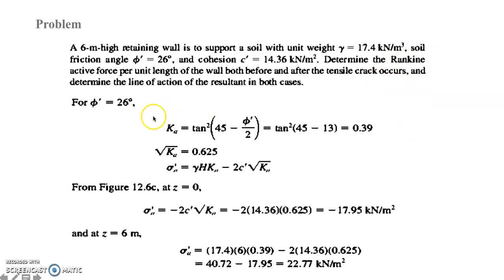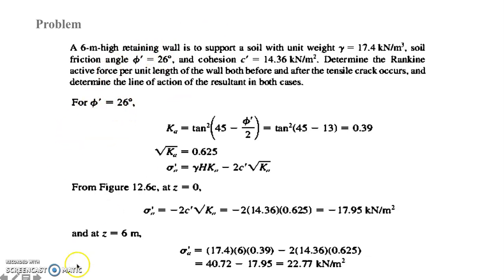Determine the Rankine active force per unit length of the wall both before and after the tensile crack occurs, and determine the line of action of the resultant in both cases.